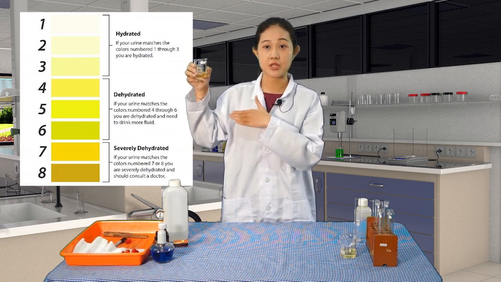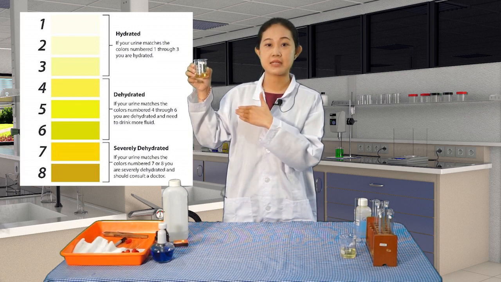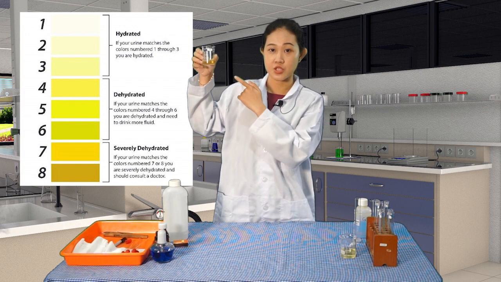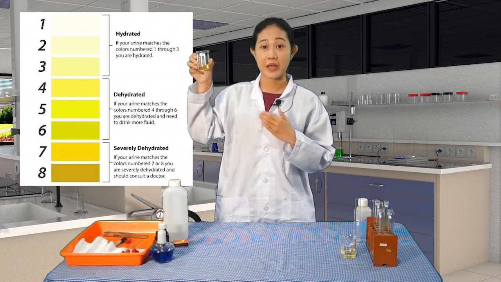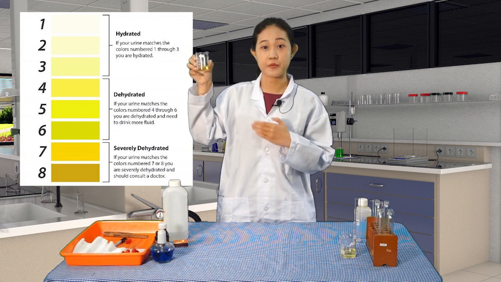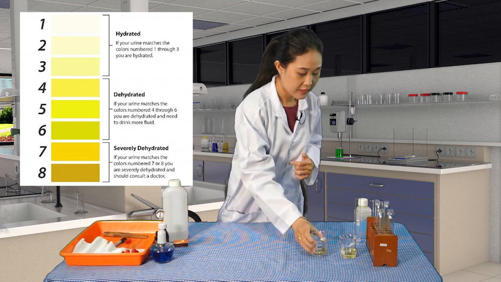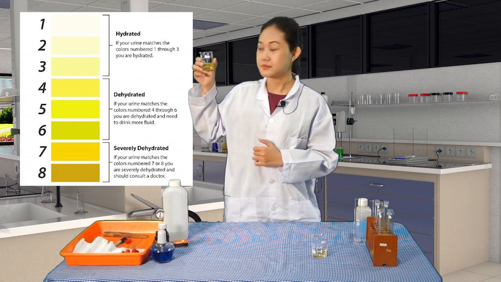There is a range that you can compare, from very good characteristics until severe dehydration. So compare and check the color chart here for X1, and then write down your results and observations on the paper. Then repeat the step for sample Y here.